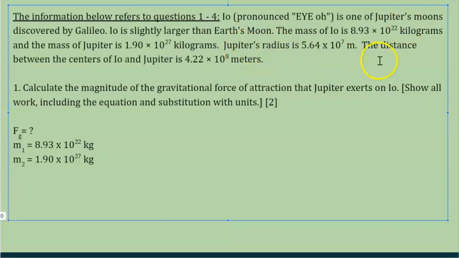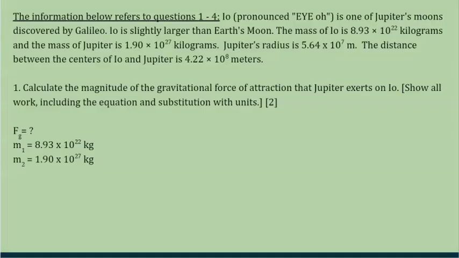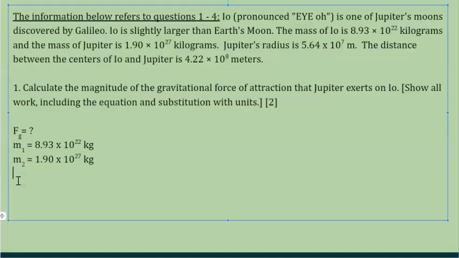They do give me Jupiter's radius. I am not going to be using that because I already know that I'm using this formula here, Fg equals G M1 M2 over R squared. And so R doesn't stand for radius, it stands for distance between the centers. And the distance between the 2 centers is given to me, 4.22 times 10 to the 8th meters.